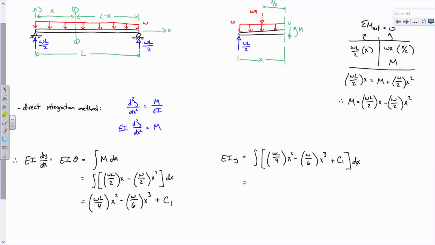So minus, pull out the W over 6. Integral of x cubed is x to the 4th over 4, right? So W over 24 x to the 4th.